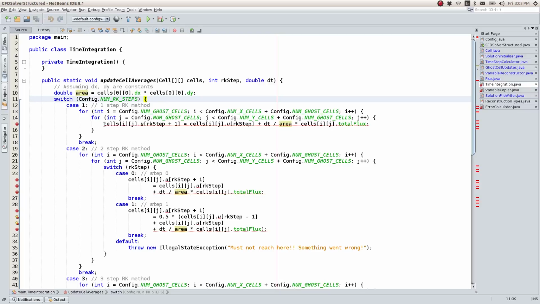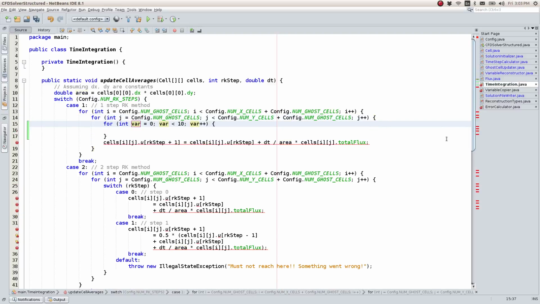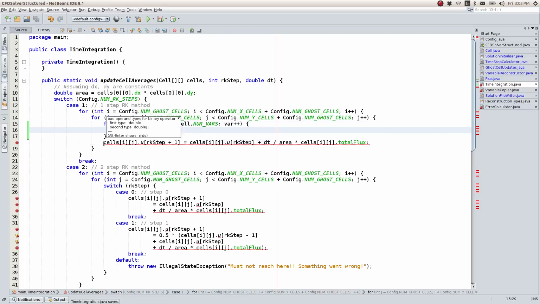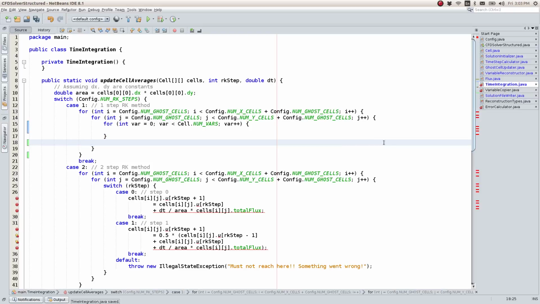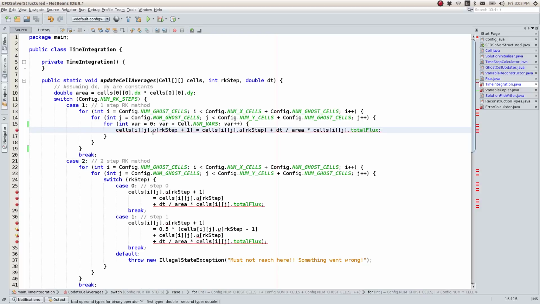It's switching on number of RK steps. This has to be updated for each of the variables. We can just cut it from here and put it right over here.